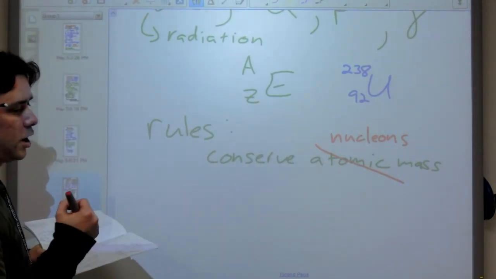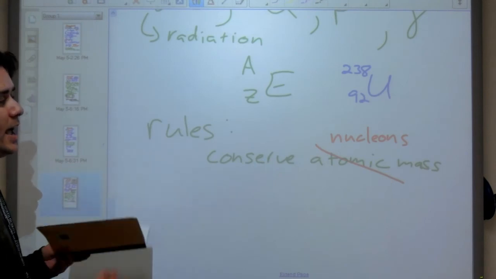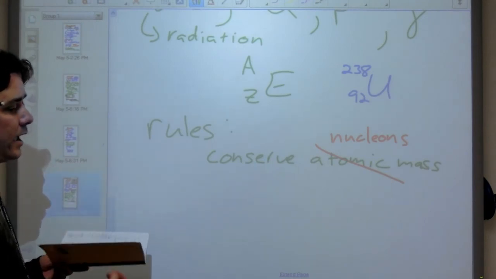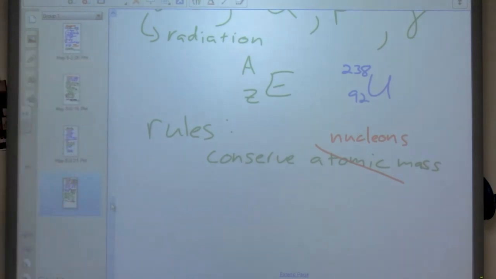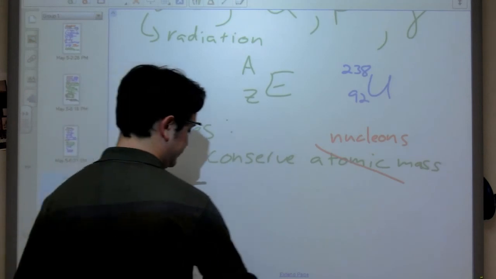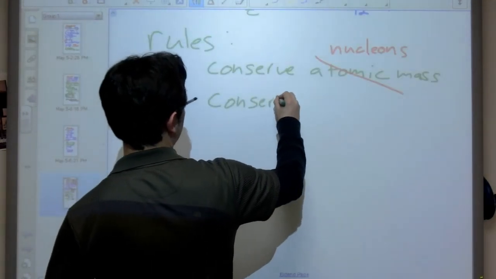So if you start off with 20 protons and neutrons, you have to end with 20 protons and neutrons, right? We could have a proton become a neutron or a neutron become a proton. They can change, but we still have to have the same total. The other one is conserve charge.